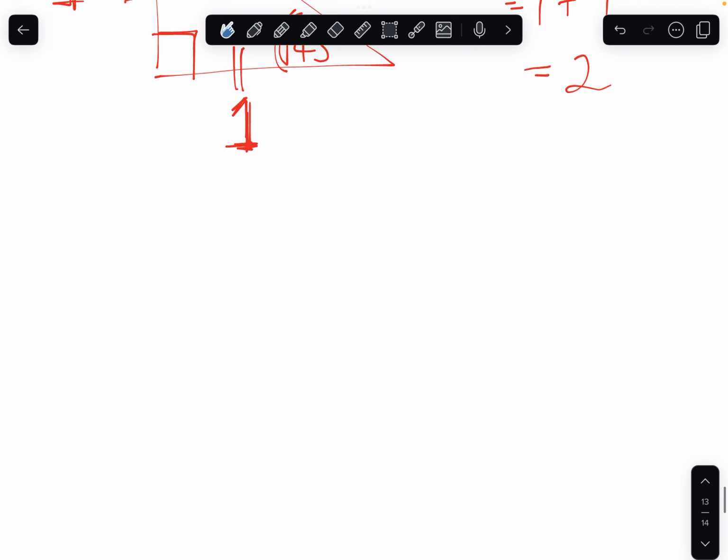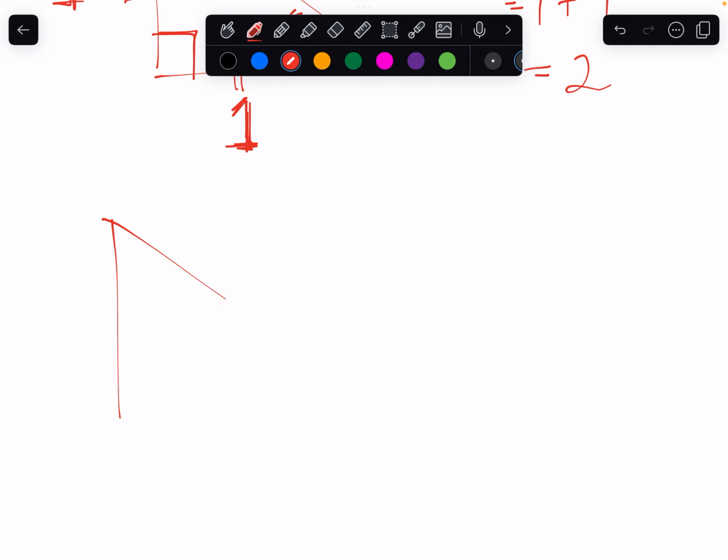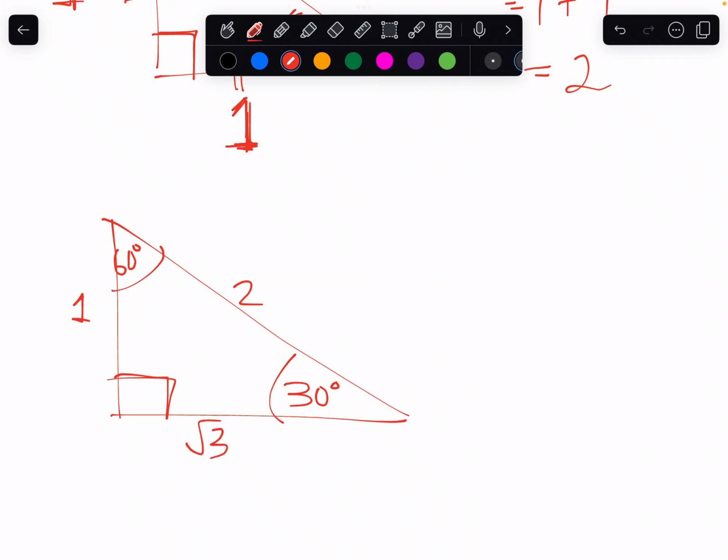Okay, so that's your one triangle. Then your other triangle has 30, and this will be 60, right? They are complementary angles. And the side opposite your 30 is 1, and this one is 2, and this one is root 3.